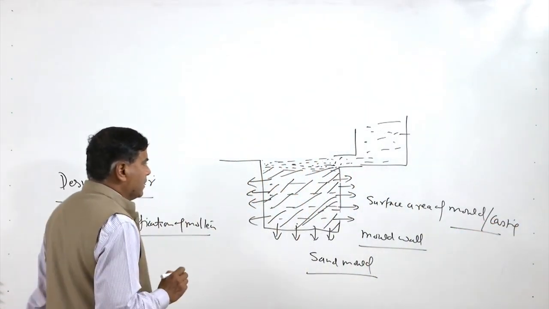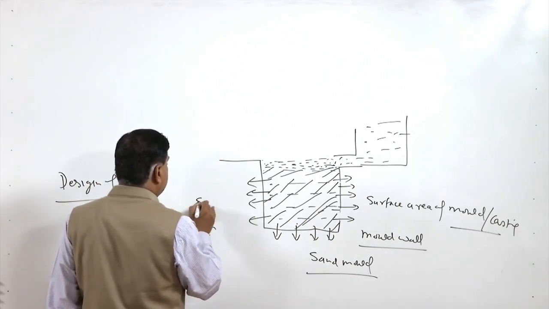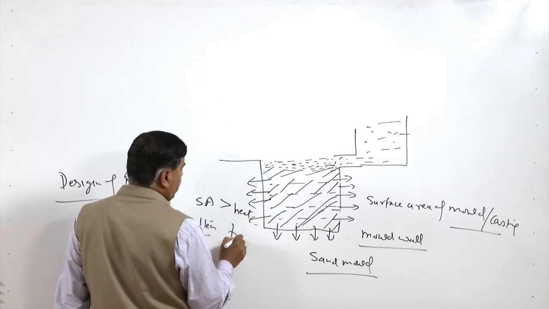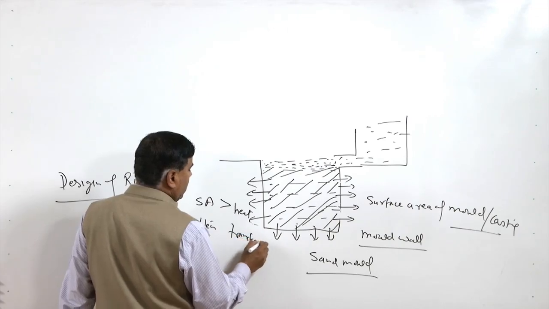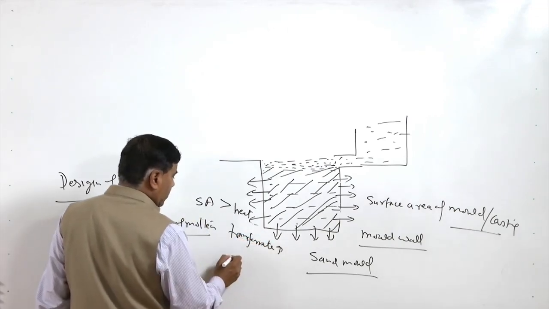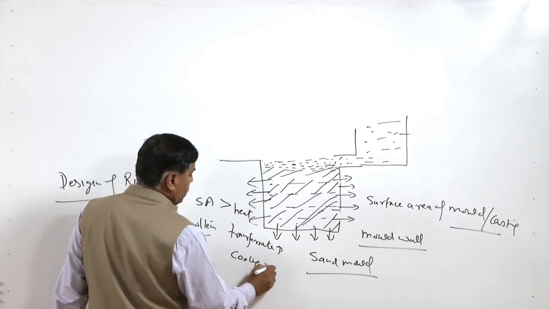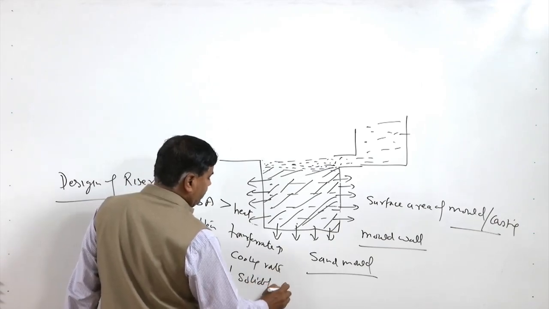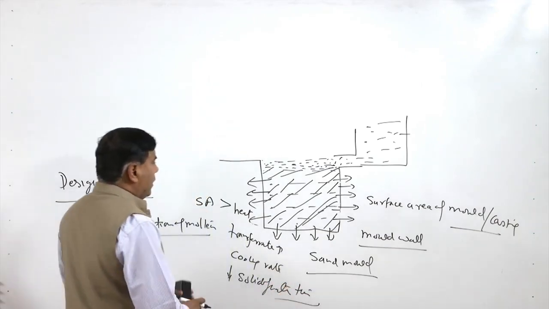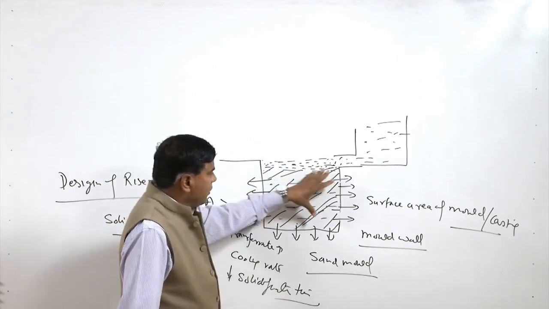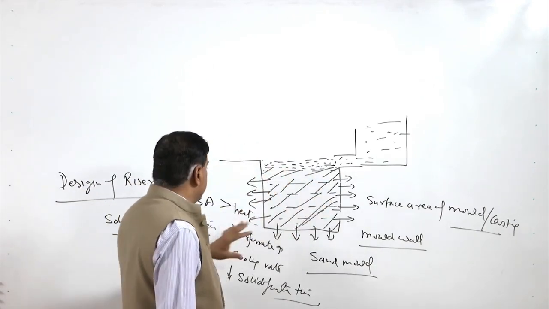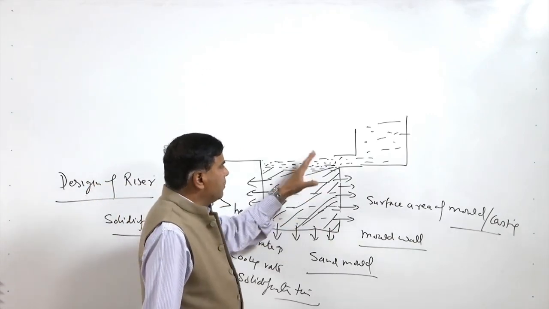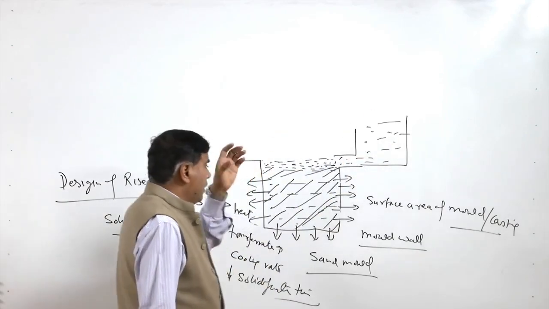The greater the surface area, the higher the heat transfer rate, which leads to a high cooling rate and so less solidification time. So, to ensure solidification of the casting first, it is necessary that the surface area of the casting is more than the surface area of the riser.